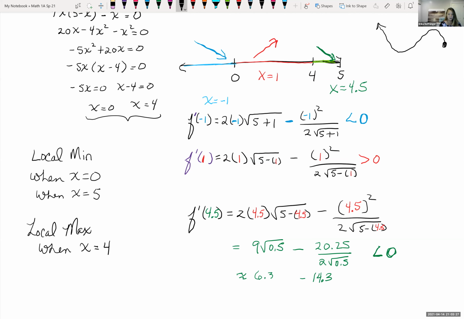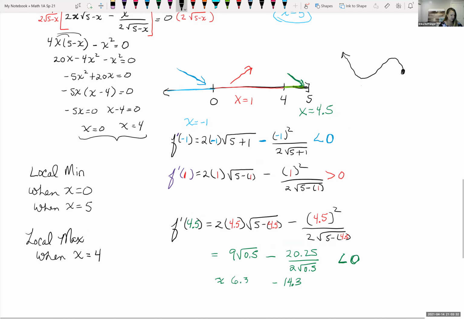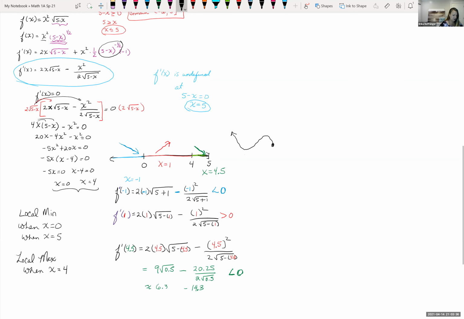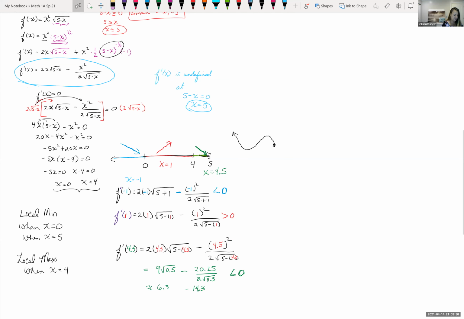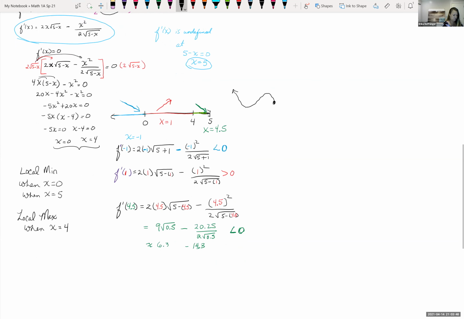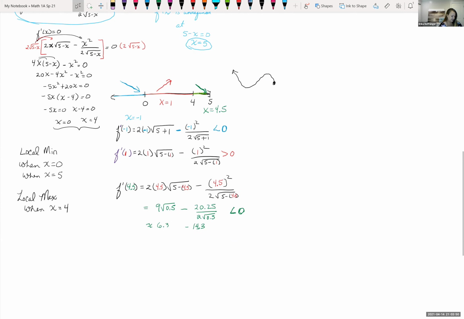So to figure out those values, we have to plug it back into the original function, which is way up here. So bring it down and plug it in.